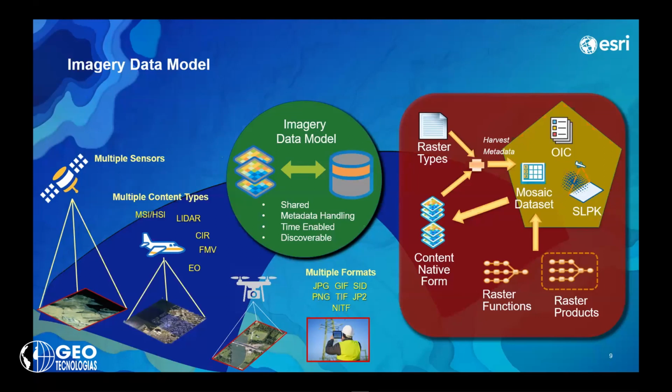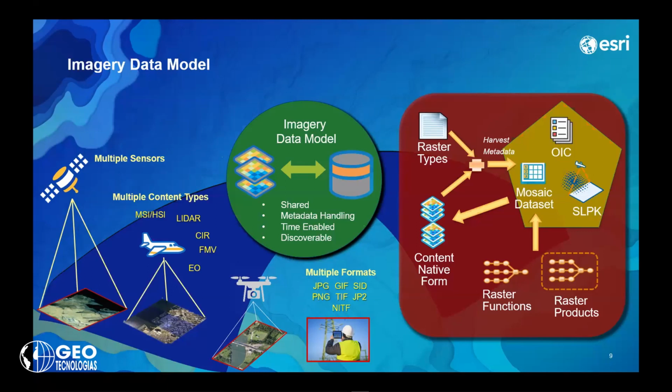Finally, on top of these containers, we have tools called raster functions and raster product workflows that allow you to take the content in these various collections and create standardized products on the fly and create those as part of the serving function of ArcGIS.